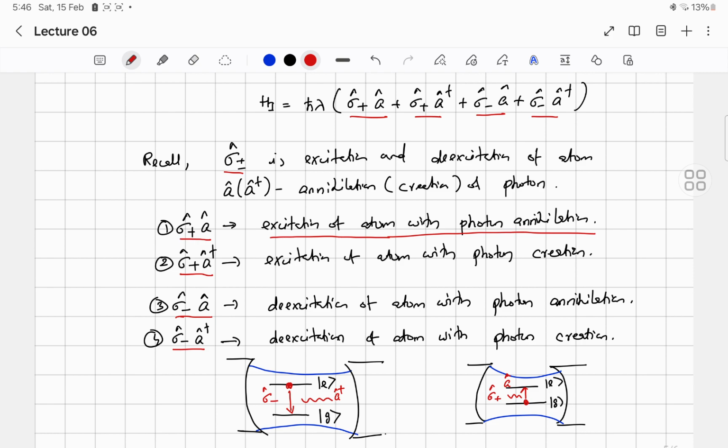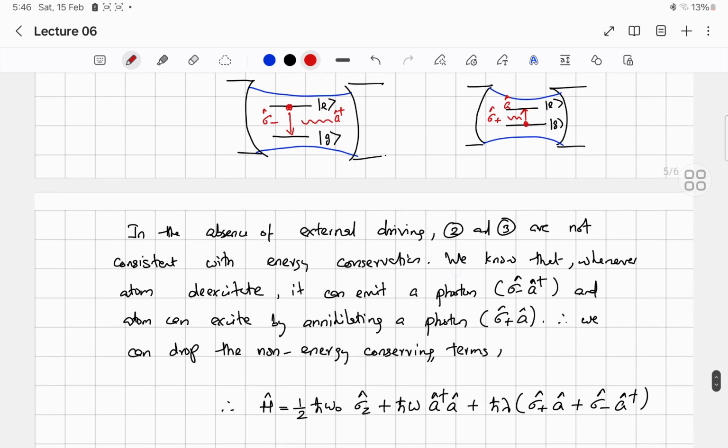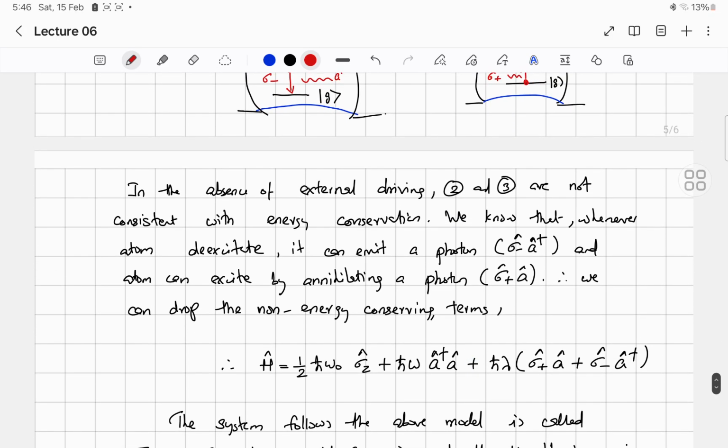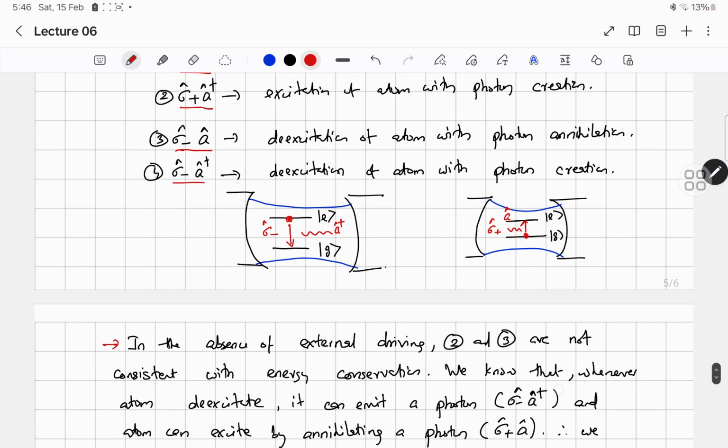But if we are not considering all those facts and are looking at the simplified way, then sigma plus A dagger and sigma minus A are the non energy conserving terms. In the absence of external driving, process number 2 and process number 3 are not consistent with energy conservation, but the other two are consistent.